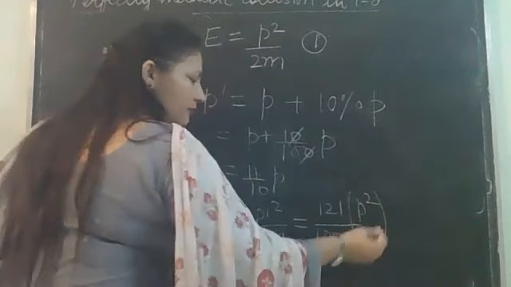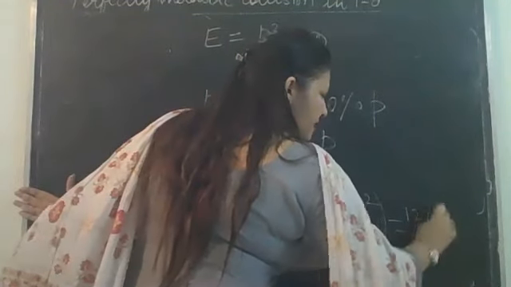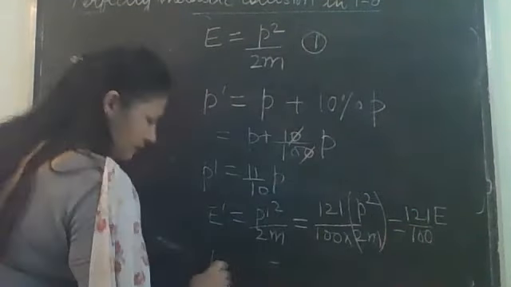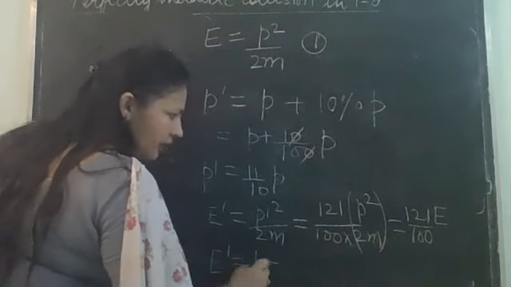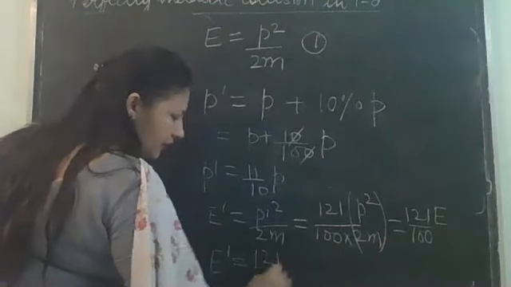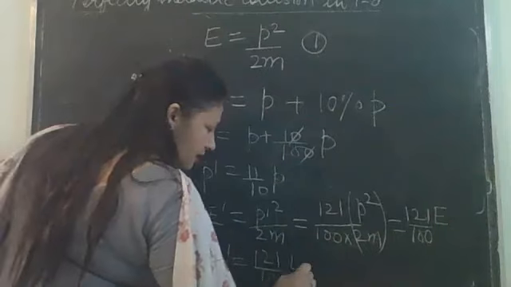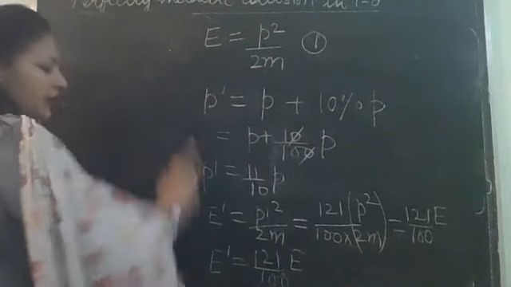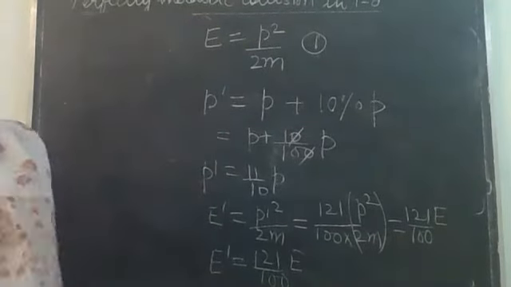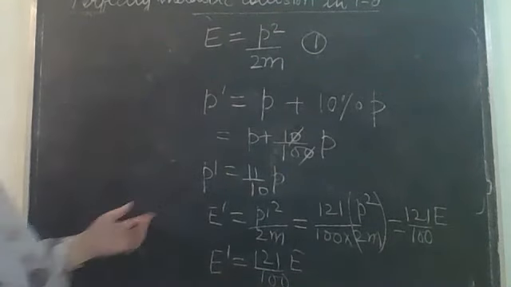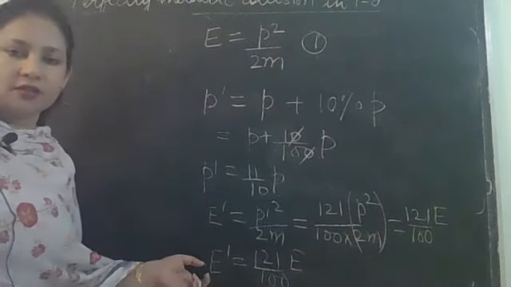P square by 2m can be written as the previous energy E. So E dash is 1.21, or you can write 121 by 100 times E. So we have found P dash and E dash. Half of it is done.